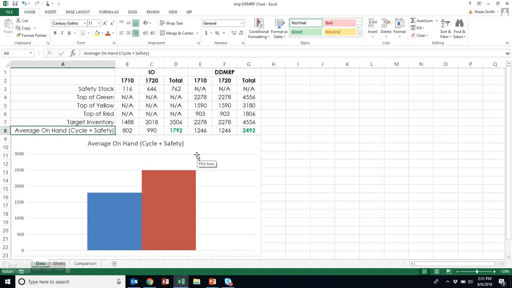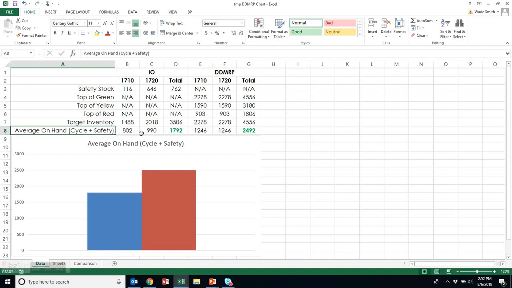Average on hand is cycle stock plus safety stock, but the average of that. An example would be I have a forecast of 100 for the week and a PBR of 1, so I'm going to have an average of 50, because it's 100 at the beginning and 0 at the end. That's the basic average. In this case, I've got an average on hand of 802 and 990 at the two locations.